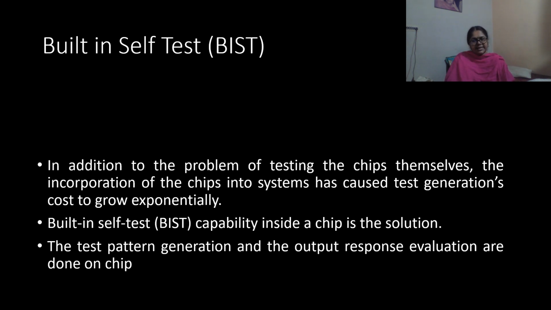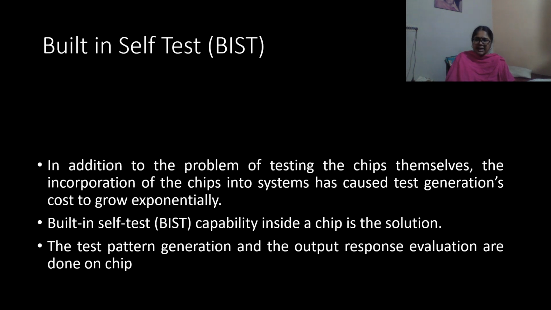In conventional testing, the test patterns are generated externally by using computer aided design tools, that is CAD tools. The test patterns and the expected responses of the circuit under test to these test patterns are used by automatic test equipment to determine if actual responses match the expected ones.